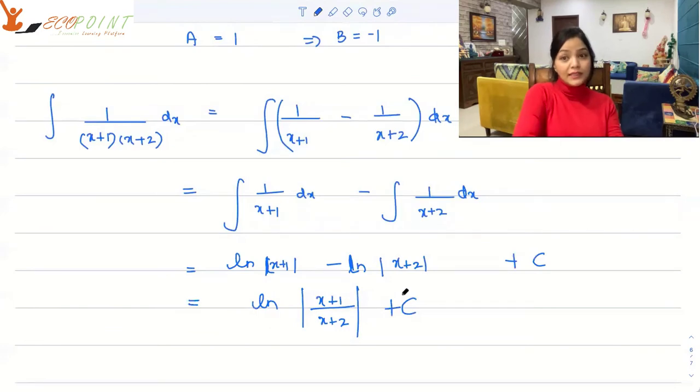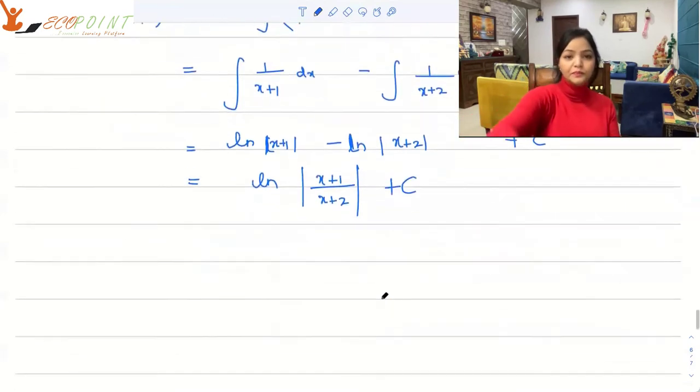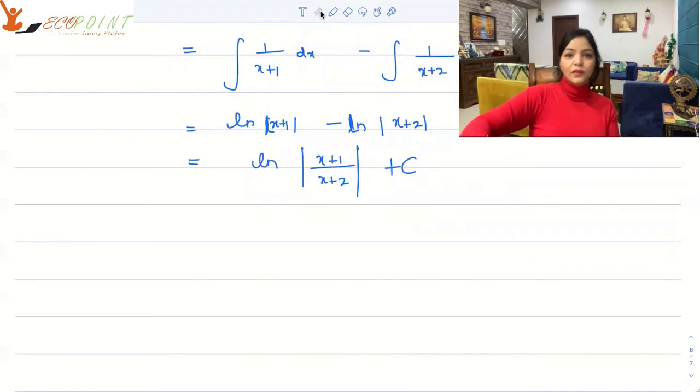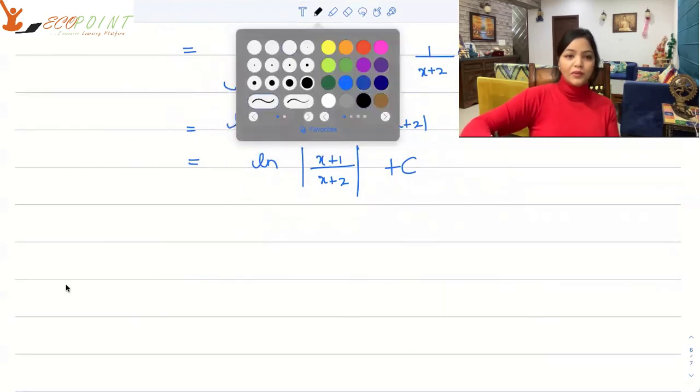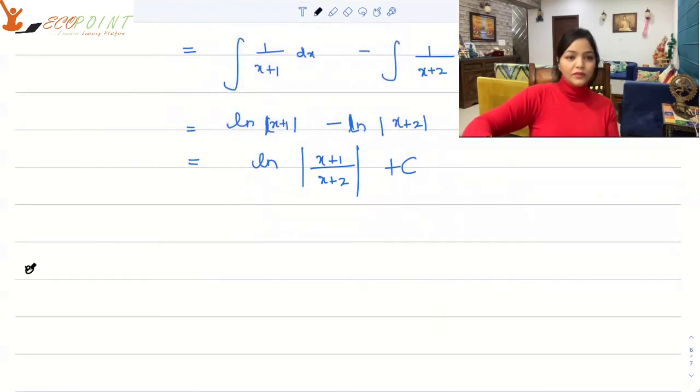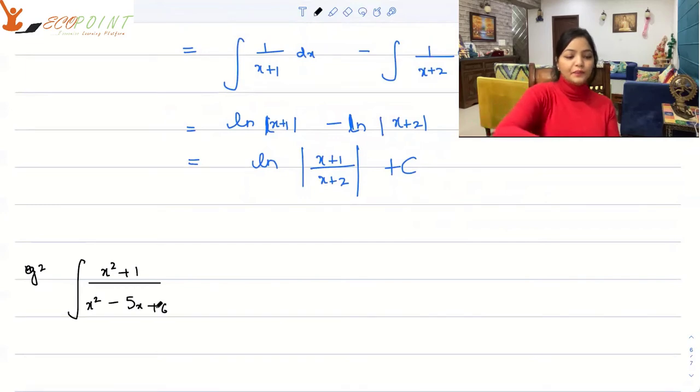Now let me take another example of a different kind. Let me take an example of the kind x square plus 1 upon x square minus 5x plus 6, which we have to integrate.